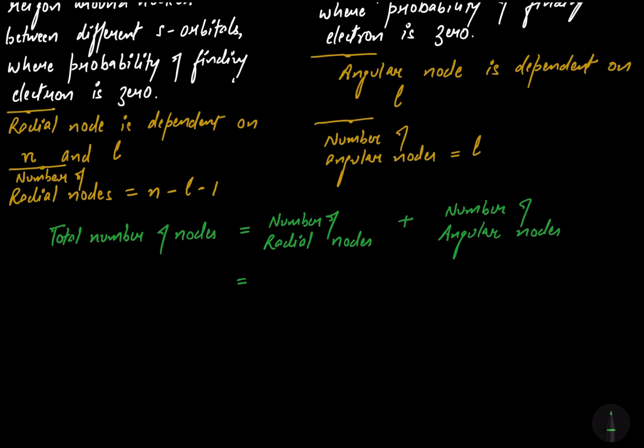What's the number of radial nodes? We have just evaluated n minus l minus 1. What's the number of angular nodes? It's equal to l. So you will get n minus 1. So that's the total number of nodes.